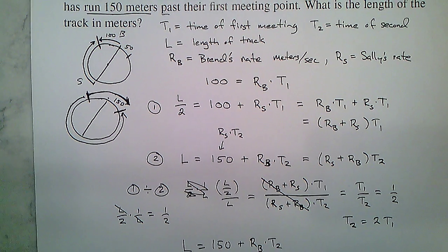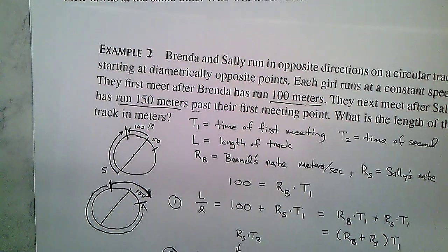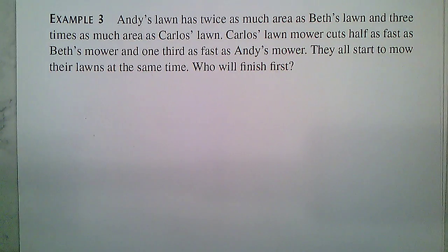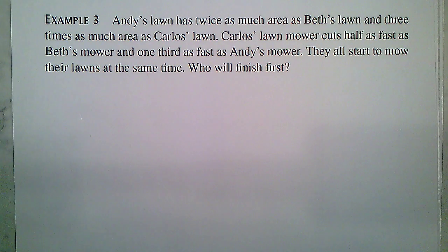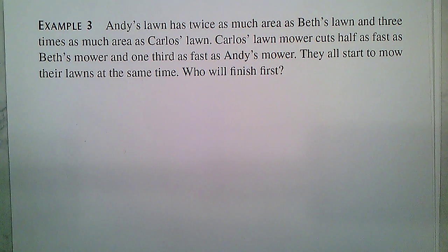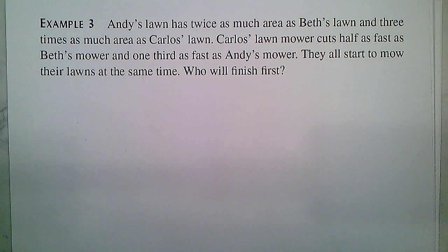All right, let's do one more of these sorts of rate problems that are at a MATHCOUNTS or AMC level. So let's look at this example. It says Andy's lawn has twice as much area as Beth's lawn and 3 times as much area as Carlos's lawn.